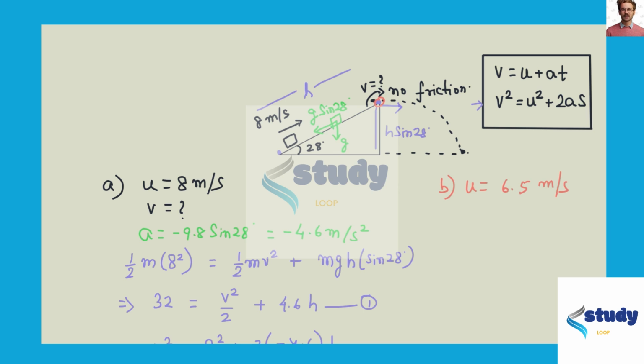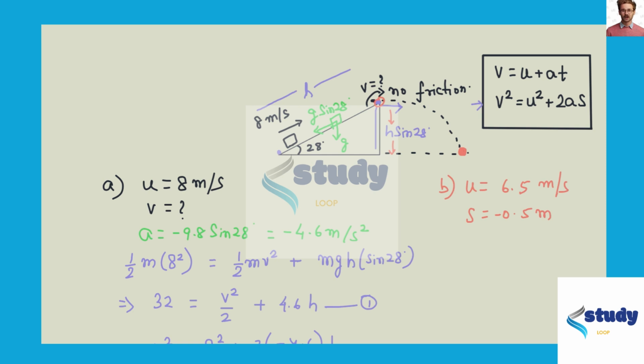To reach the ground, the block should travel a vertical displacement of h sine 28 degrees in the downward direction, which here is 0.5 meters downward.